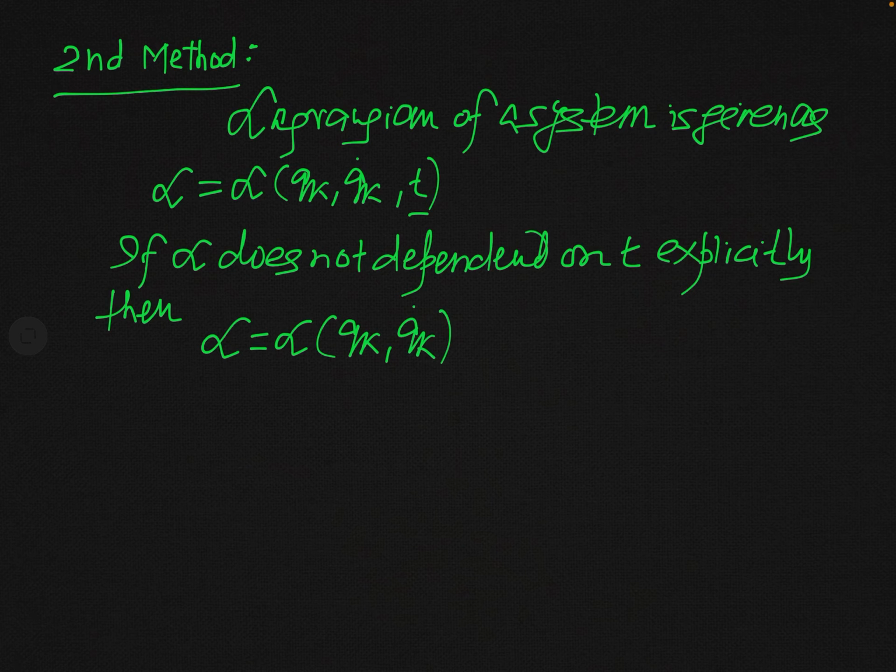and therefore what will be this delta L? As you can see, L is not a function of only one variable, but it is a function of more than one variable here. Actually, this is a function of two f variables. The number of qk will be f and the number of qk dot will also be f.